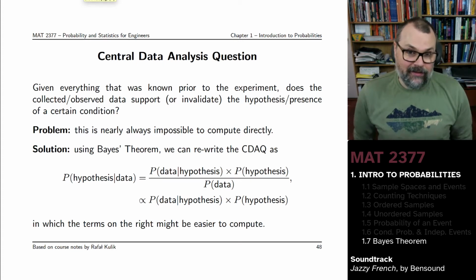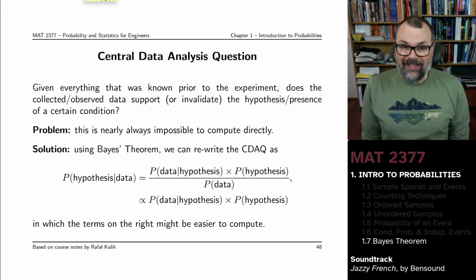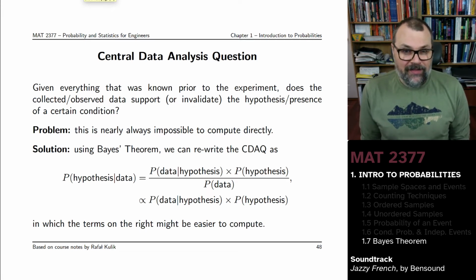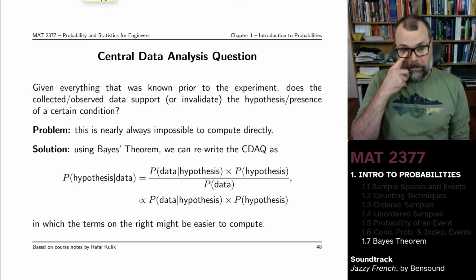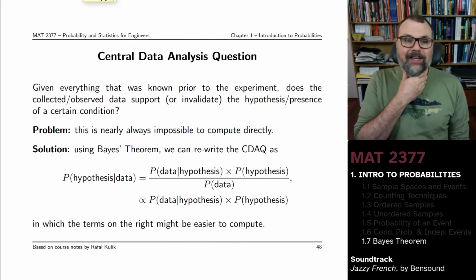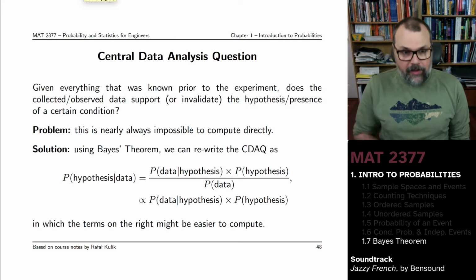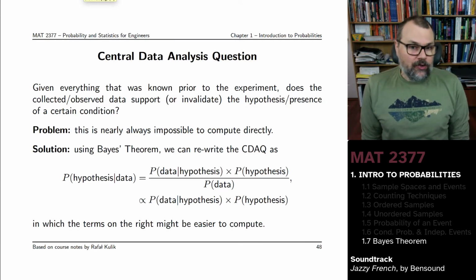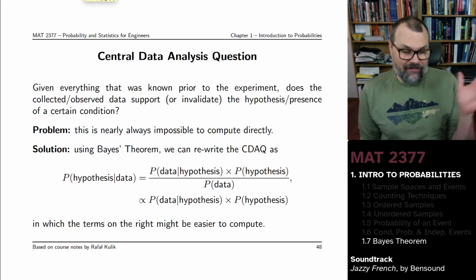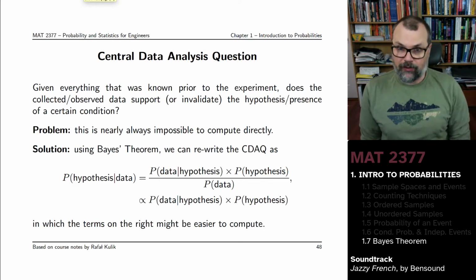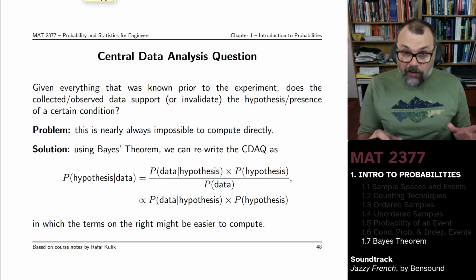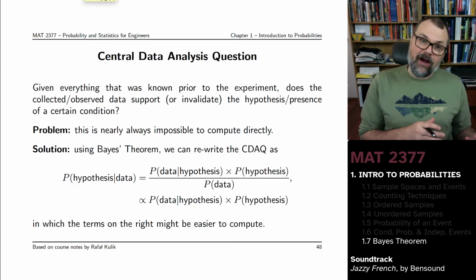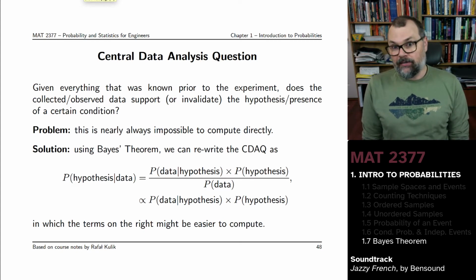If you recast it as part of a central data analysis question, you can perhaps see more easily what its true importance is. When you run scientific experiments or even engineering experiments, what you're trying to ascertain is that, given everything that you know before you run your experiment, does the data that you observe support or potentially invalidate a hypothesis that you had in mind?